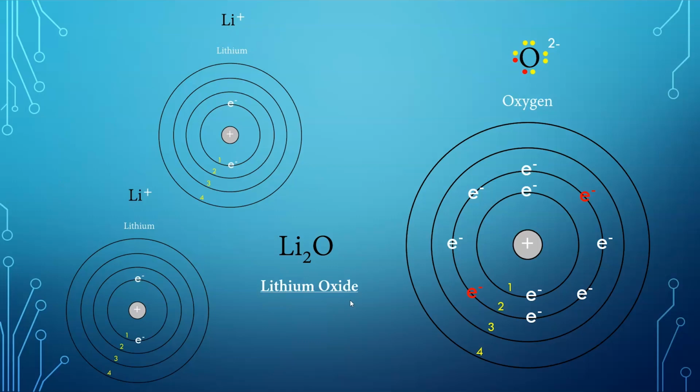Now, some people wonder, shouldn't we call it dilithium oxide because there's 2 of them? We don't have to do that. There's a simple reason we don't do it. How many different combinations could you come up with of lithium and oxide ions in which the positive and negative charges balanced? Could we have 3 lithiums and 1 oxide?